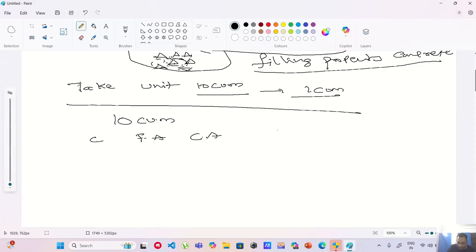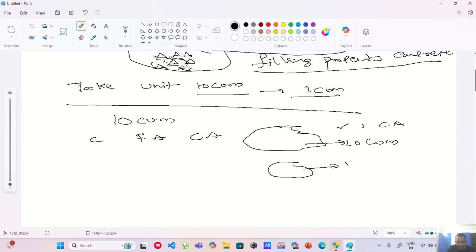When I mix these three materials, cement is added, fine aggregate is added, and coarse aggregate is added, and after mixing, the quantity becomes this much, and this is also 10 cubic meter. It means we use the same materials, but when it comes to mixing, the volume is almost going to be reduced.